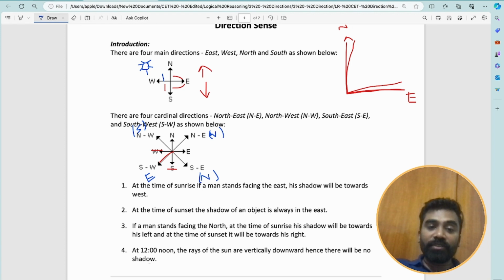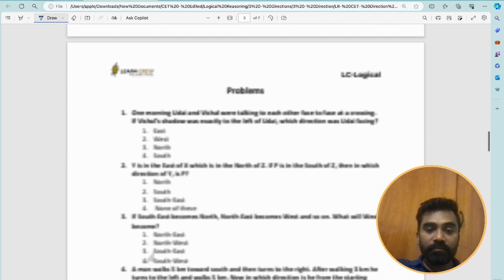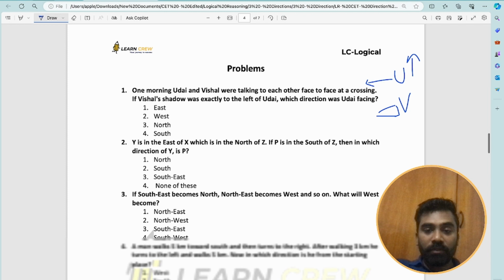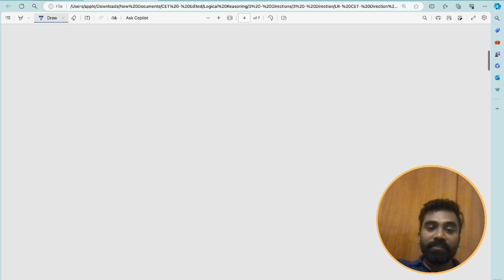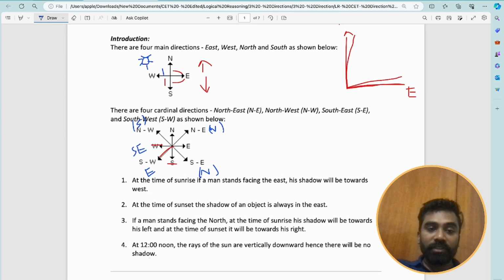Between west and north, this is going to be northwest. This is going to be southeast. Now what is the question asked? What will west become? West will become southeast. Southeast. That's all. As simple as that.